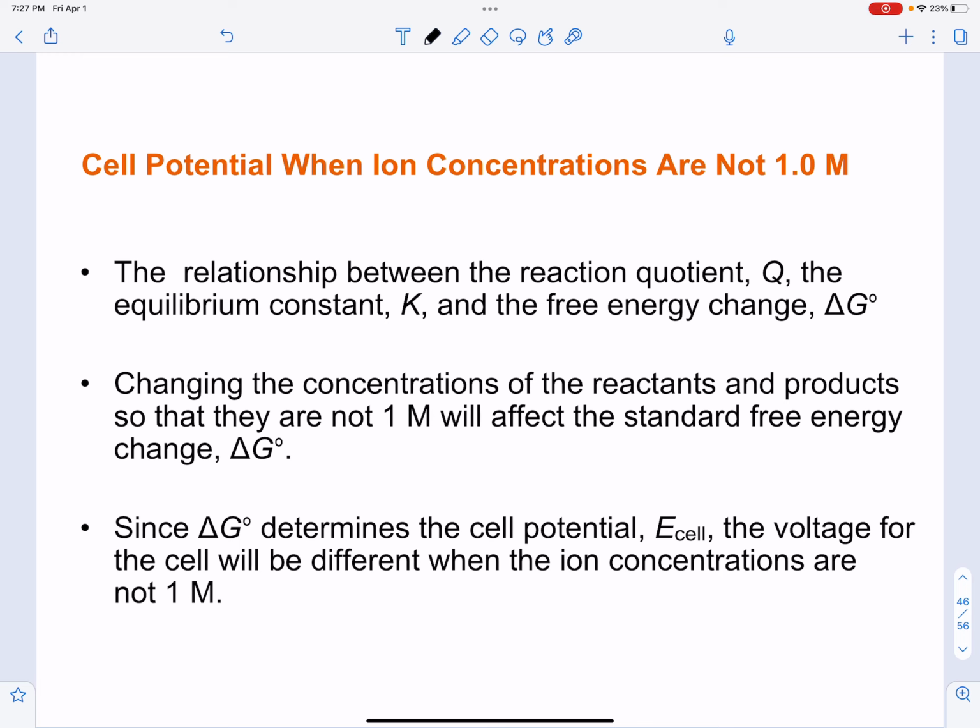And then we can talk about something else that you already know. We can talk about Q. What Q is going to be in this case is when you have a cell potential and the conditions are not standard, and most of the time what we do is change the concentration. Instead of being 1 molar, we use something else. We can manipulate the amount of power you can get out of that cell by playing with the concentrations.